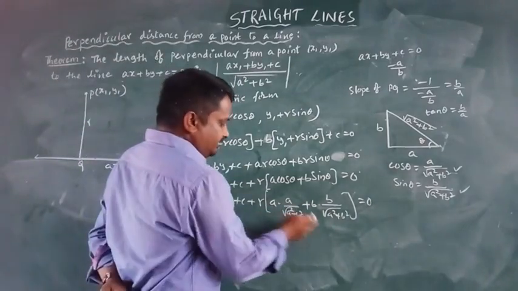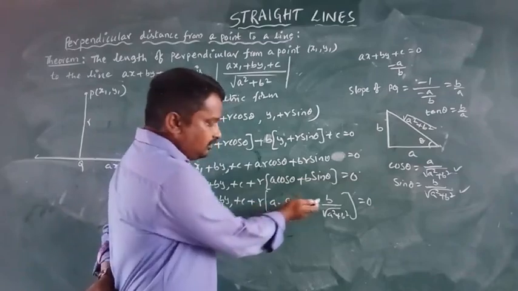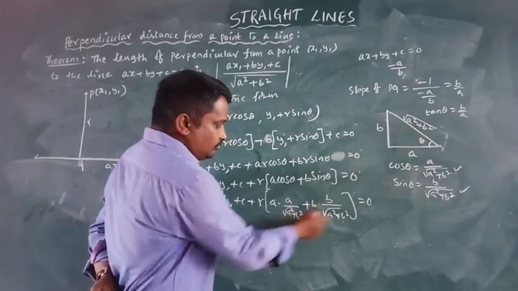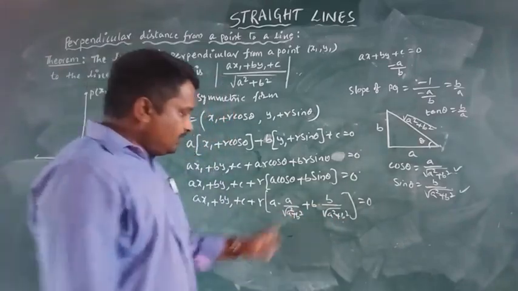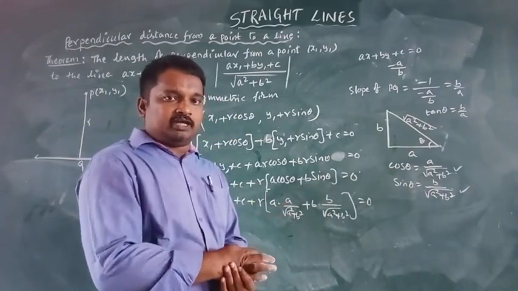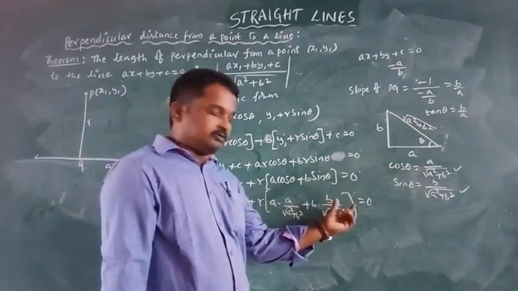By simplifying these two, we observe a square by root over a square plus b square, and b square by root over a square plus b square. That means the denominator is root over a square plus b square and the numerator is a square plus b square. The square root of a square plus b square, whole squared, is a square plus b square.